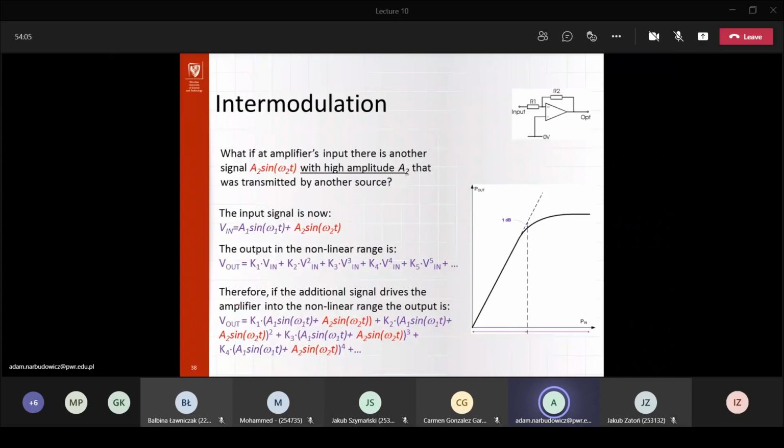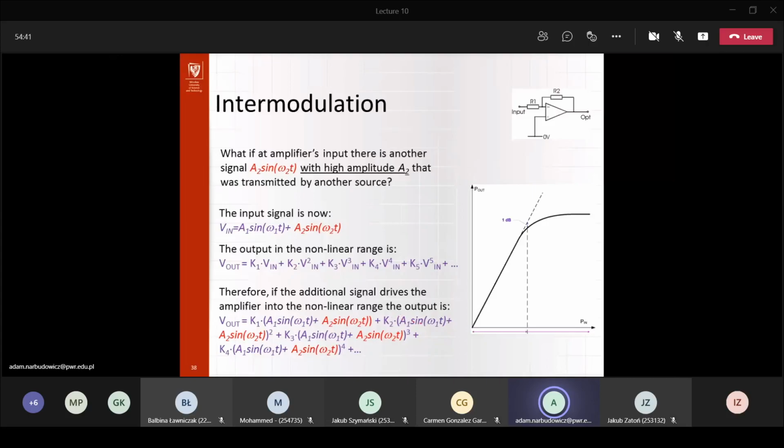Okay, and if we move to the output, K1 is our linear component. That's straightforward, just amplification. We get K1 multiplied by one signal at one frequency plus K1 amplified by amplitude A2 at the second frequency. That's fine. That's more or less what we want to get. However, bear in mind that the second term uses the square of the input signal, and only this is multiplied by K2.